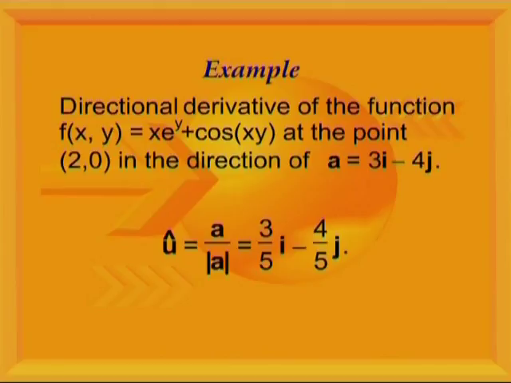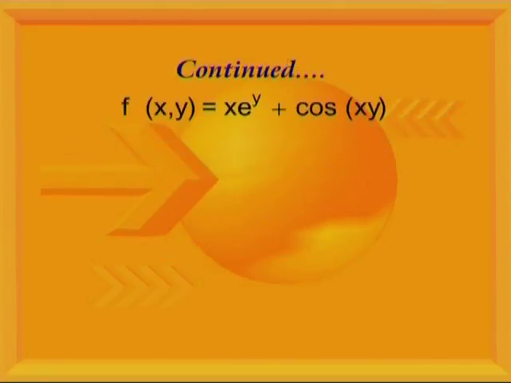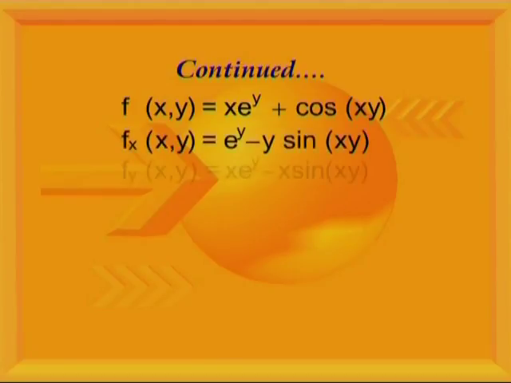Now finding the partial derivatives, fx, which is equal to e raised to power y minus y sin xy, and fy, which is equal to x e^y minus x sin xy.